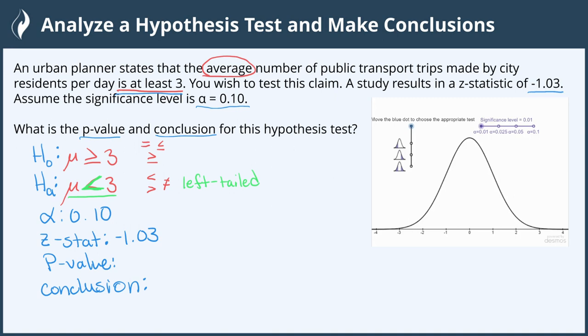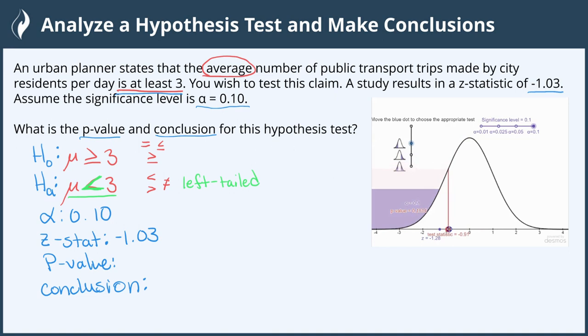So we're going to use our tool and we need to move our dot so that it goes down to make a left-tailed test. And then we're going to move the significance level to 0.10. And then we need to move our test statistic, or z-statistic, in the negative direction to negative 1.03.